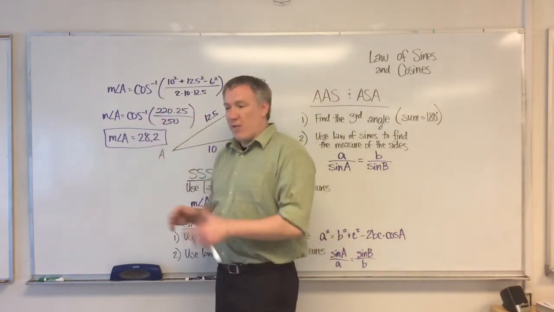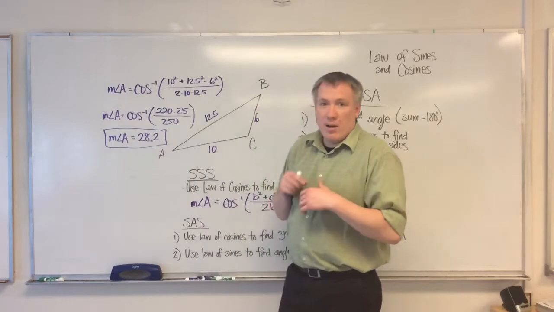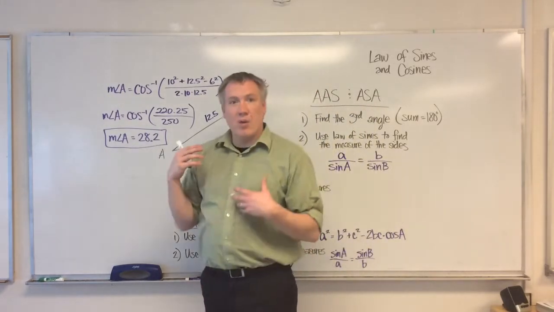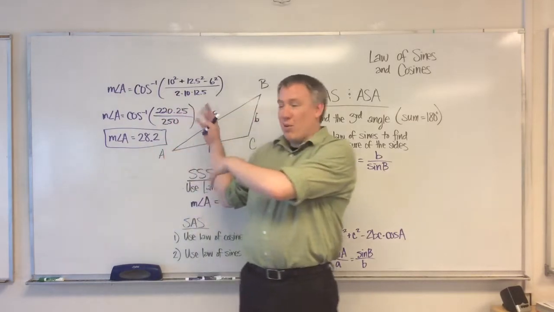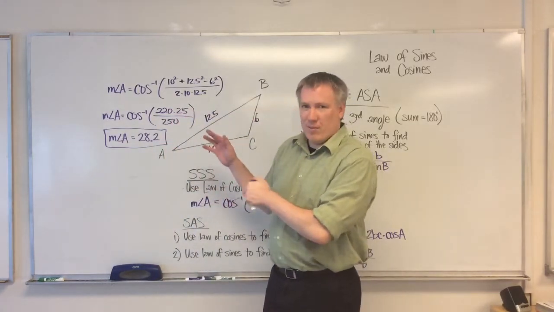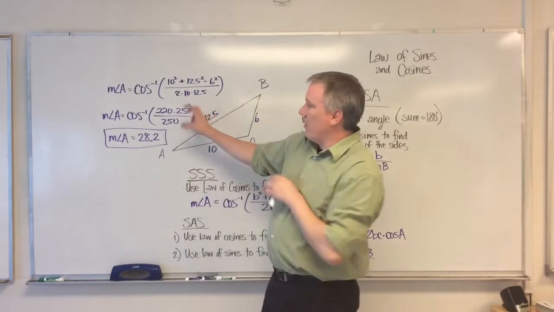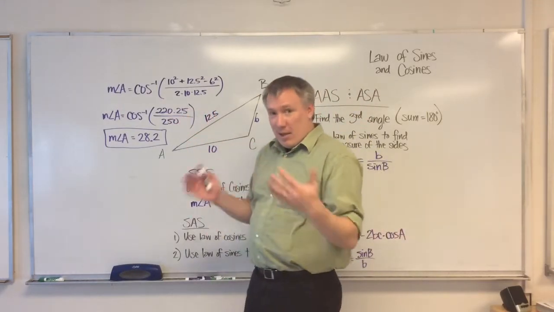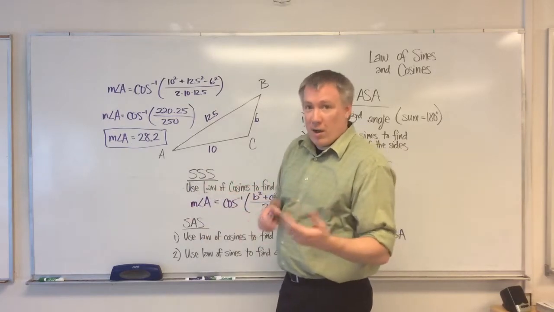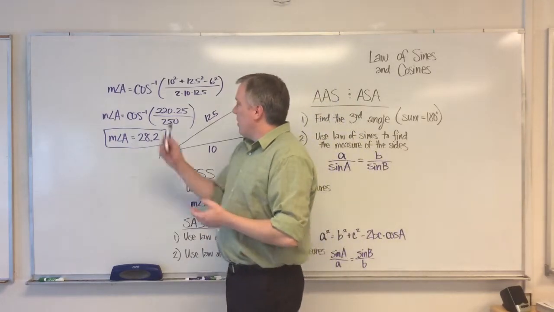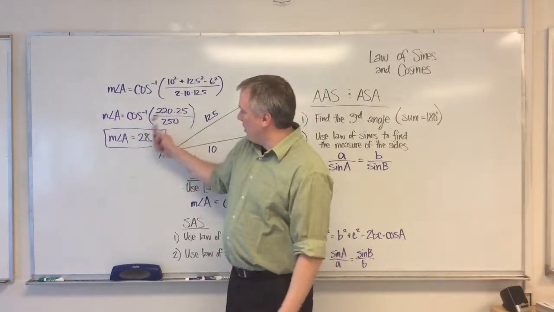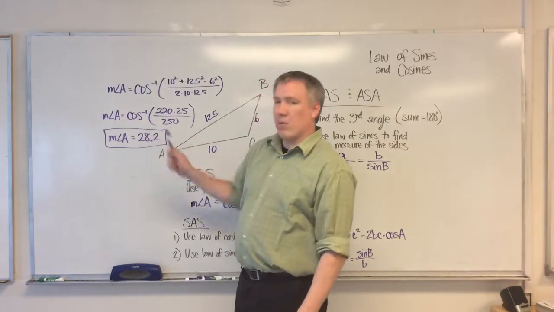If it's a cosine inverse, it's going to be between, well, it will always be between -1 and 1. But in this course, oftentimes it will probably be between 0 and 1. But it's going to be a small number. If you get like 5 in there, you did something wrong. The biggest it'll be is 1 or -1. And you're going to take the cosine inverse. And on your calculator, that's what you're going to do. And what I came out with was 28.2.